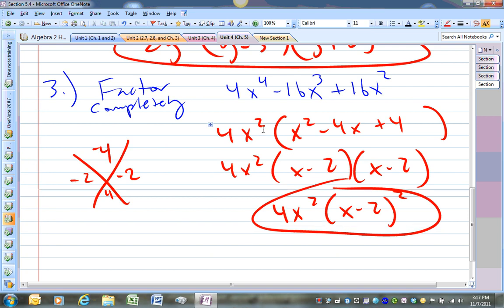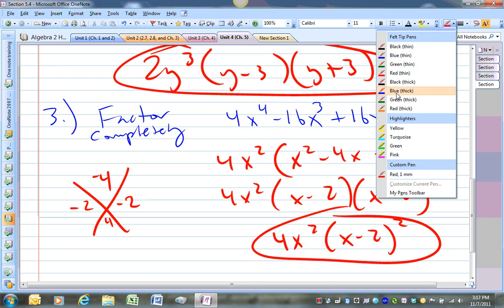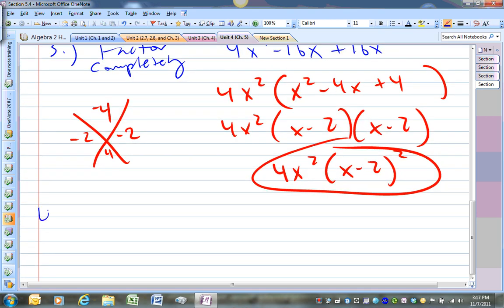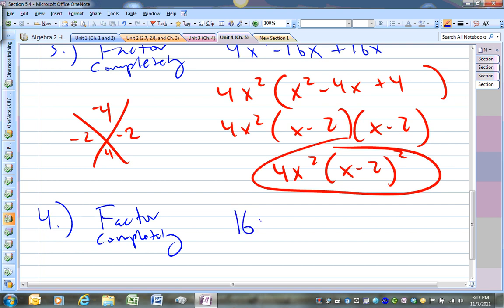Okay, now we're getting some weird stuff. Because 1 through 3 are all review. Again, we want to factor completely. Let's say we had the following. 16x to the 5th power plus 250x squared.